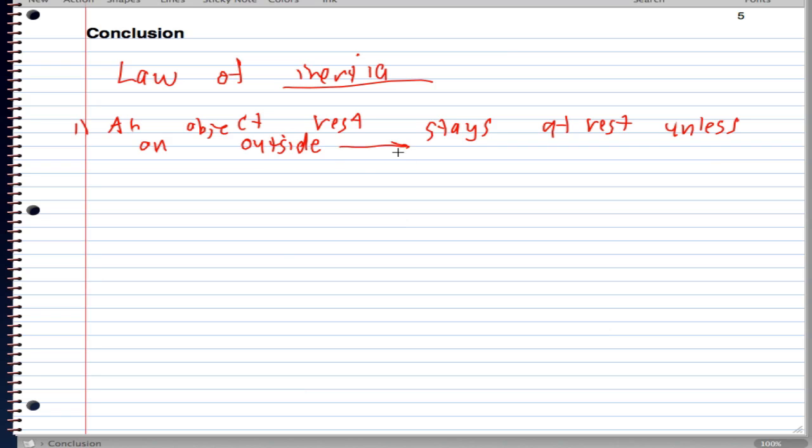Sometimes you'll also see this word written as unbalanced. I don't care how you write it for now. I'm going to probably this semester stick to unbalanced. Unless an unbalanced force makes it move.